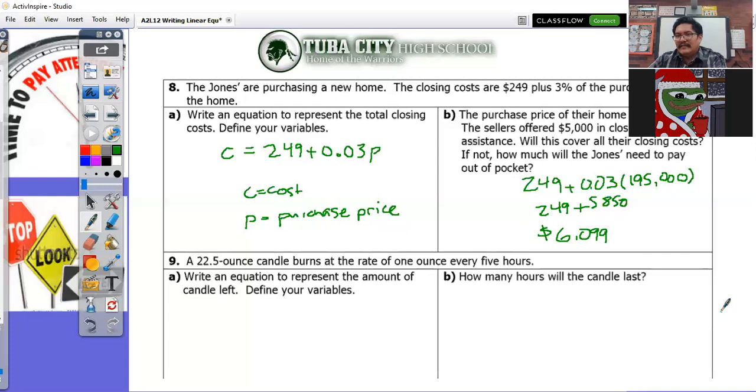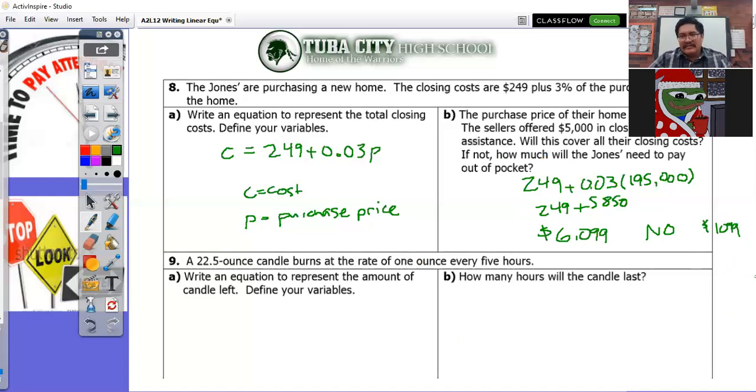In this case, the seller says, I'll go ahead and take off 5,000 of that. So the answer is no, they don't have enough, and they're going to have to pay about $1,099.